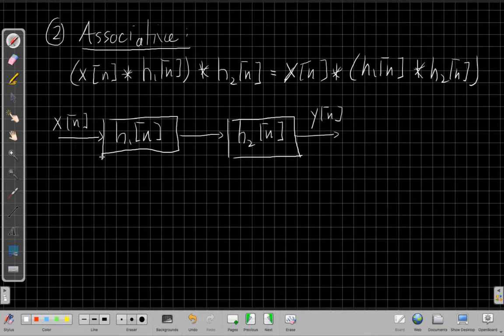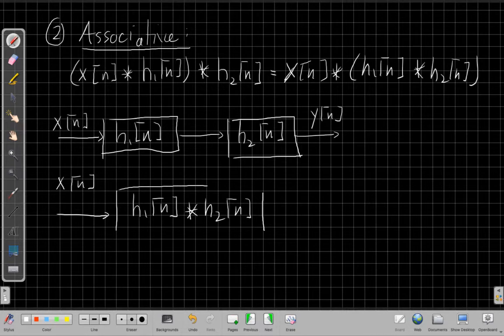Well, this tells me that if I have a cascade connection of two LTI systems, I get the same result if I take the two impulse responses, h1 and h2, and convolve those two first, and then make a new single system whose impulse response is the convolution of the two impulse responses that were connected in series above.